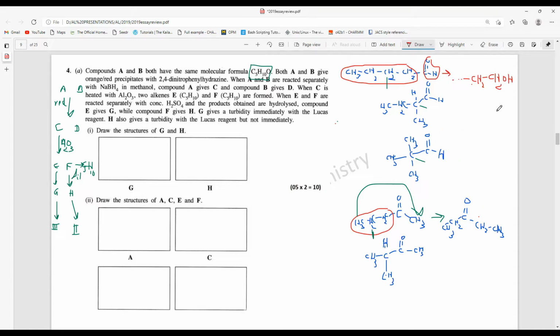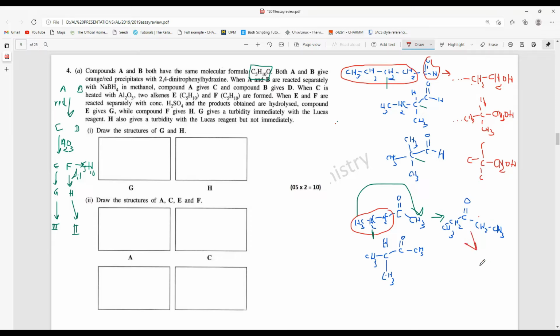And here also this should be CH2OH, and there will be this hydrogen, and this is CH3, and this is a CH2CH3 group. This one also would be CH2OH. Now carbon and 3 carbons more here. So this is the way.